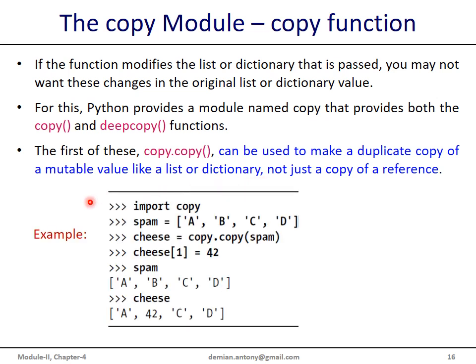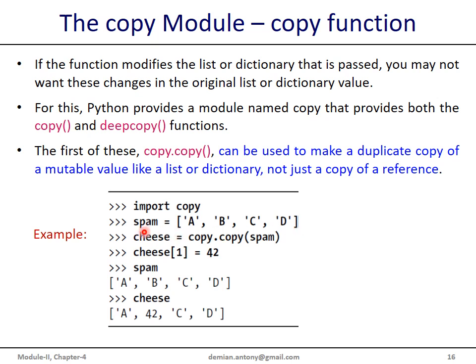Let us take up the example. First, we need to import this copy module, import copy, and we have a list spam with 4 elements, A B C D. We want to create a copy of this list, and we can try to do this by assigning spam to another variable. The problem is we are not getting a separate copy, we are getting another reference, something like an alias to a variable or an object.